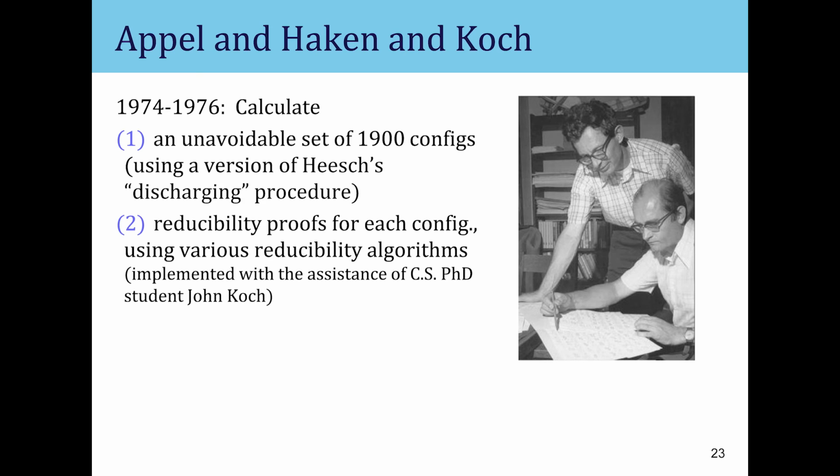You can't write that down by hand, and you don't even want to print it out from a computer, but you could have a computer program which my father, along with John Koch, a computer science graduate student, wrote in Fortran and IBM assembly language that would check the 200,000 cases for each of the 1,936 configurations.